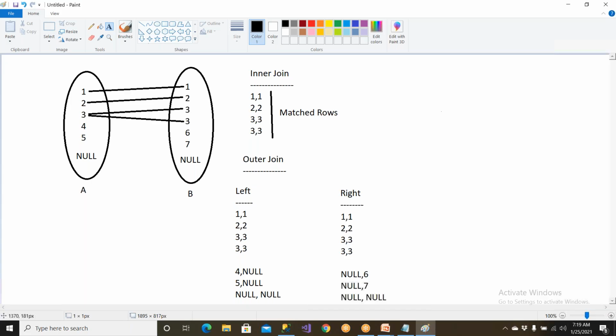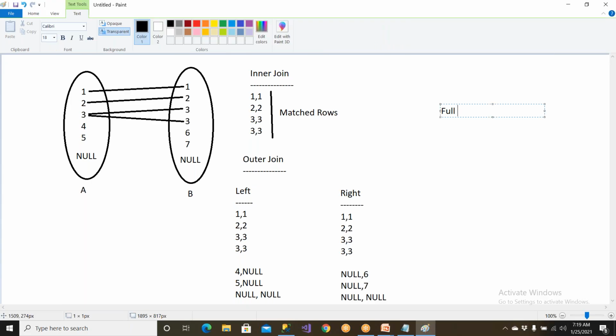Then we have full join. Full join means matched data plus unmatched data from both tables. 1 comma 1, 2 comma 2, 3 comma 3, 3 comma 3. Then unmatched data: 4, 5, null. You have a 4, 5, null, and for 4, there is no matching data this side.